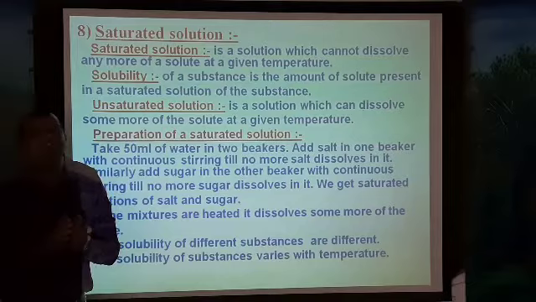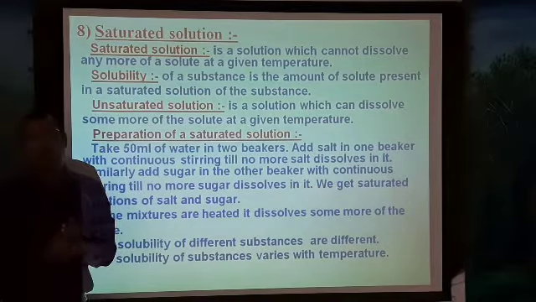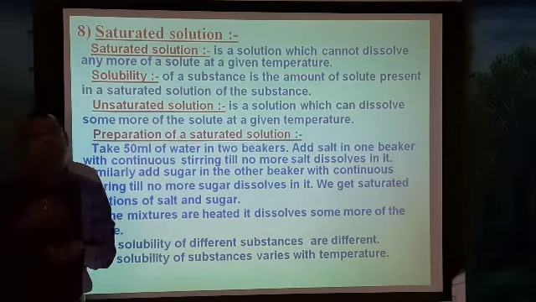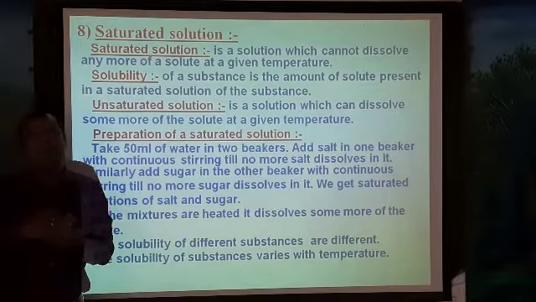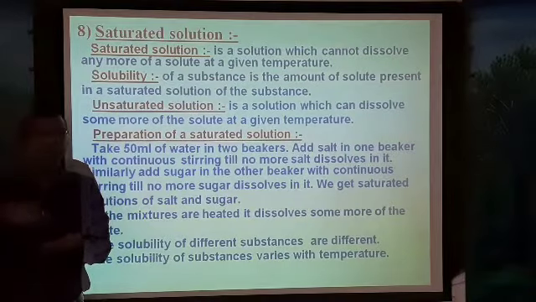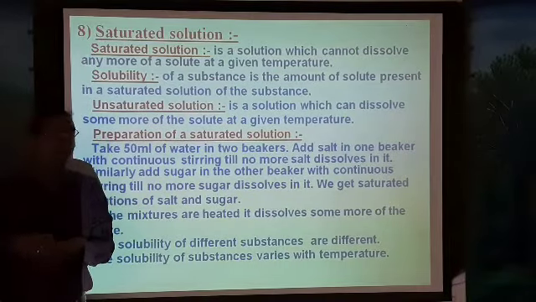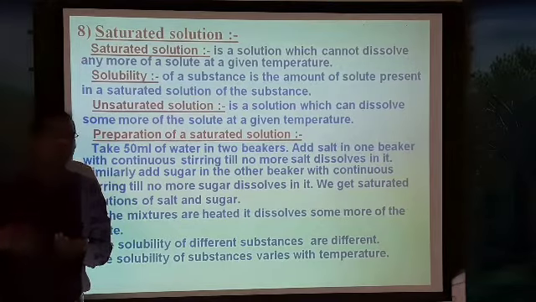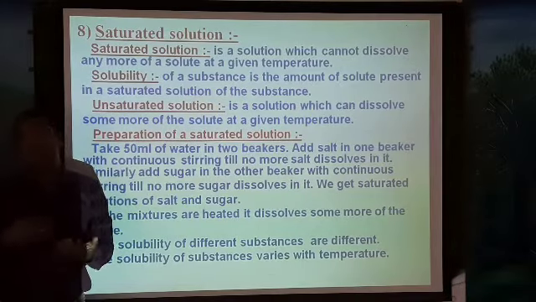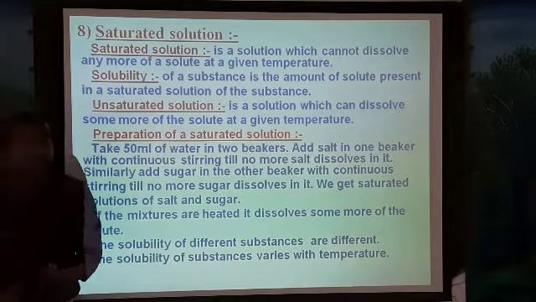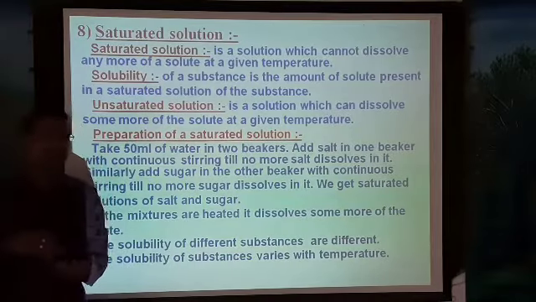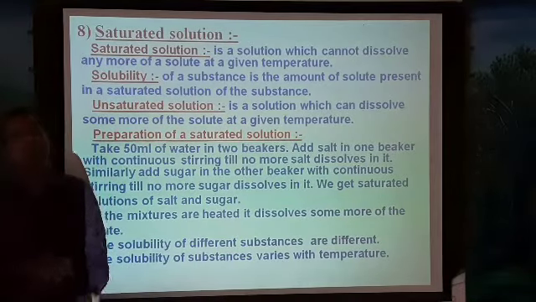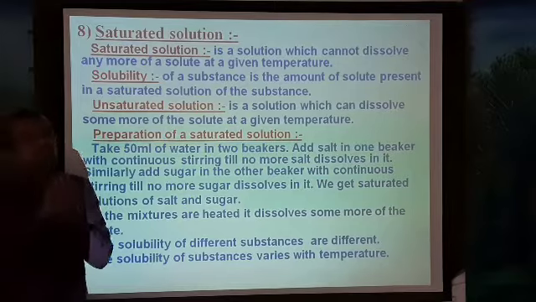Any solution has a kind of limitation: it can dissolve a certain amount of solute. But beyond that, even if you give more and more temperature, it cannot dissolve more of the substance. Such a solution is called a saturated solution.